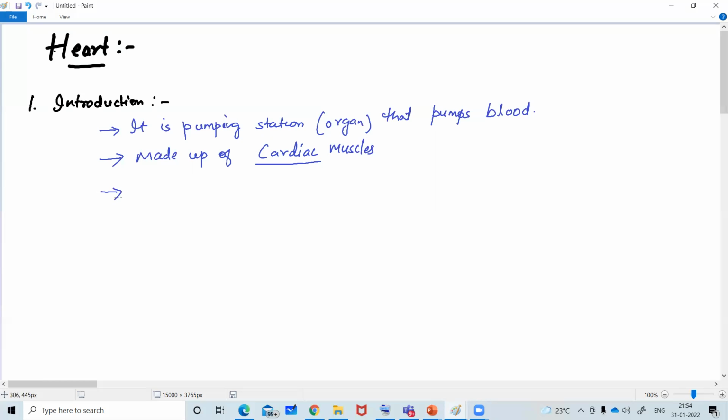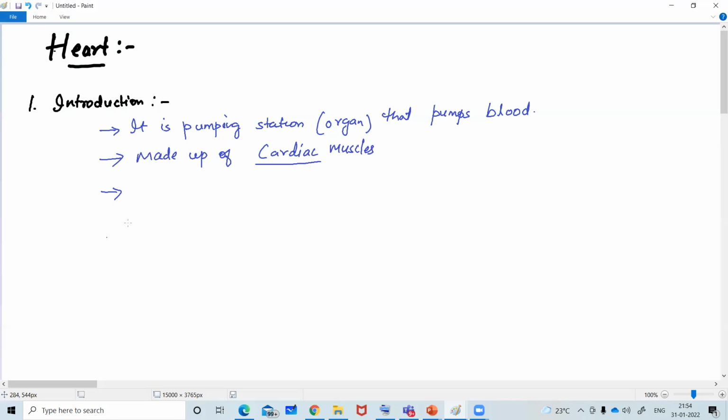Next point is that there are two types of heart. Myogenic means when the impulse for contraction is generated by a special muscle, that's called myogenic. And the second type is called neurogenic, meaning when the brain or nervous system generates the impulse for heartbeat. Got it? So you can say that there are two types of heart.